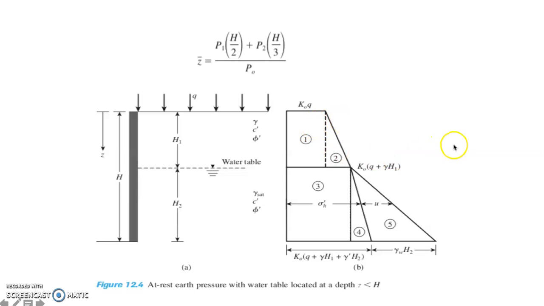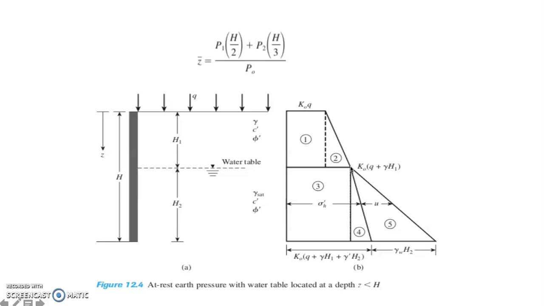Then the resultant to that: from the endpoint here you can draw a triangle downward towards a height of H1. So you have now another lateral pressure.